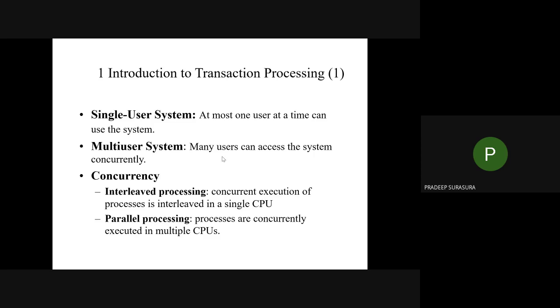What are the different transaction anomalies that come into the picture? We'll try to understand them as we proceed with the further topics. Now, first understand the intention of having a multi-user system. Single user system means only one user accessing at one point of time.